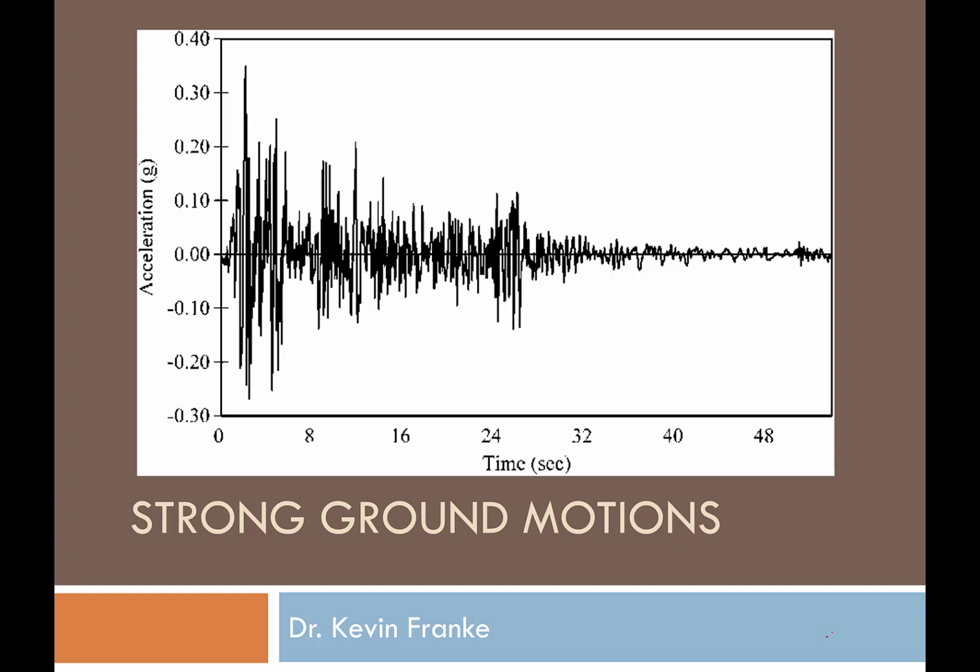So, to understand how to predict ground motions, it's necessary that you understand some basic stuff about what ground motions are. So that's what we're going to walk through for the next few minutes. All of this material is taken from lectures from my 545 graduate level geotechnical earthquake engineering class.